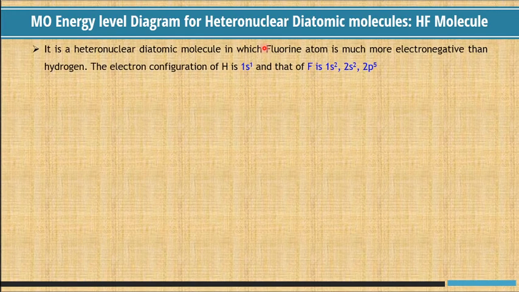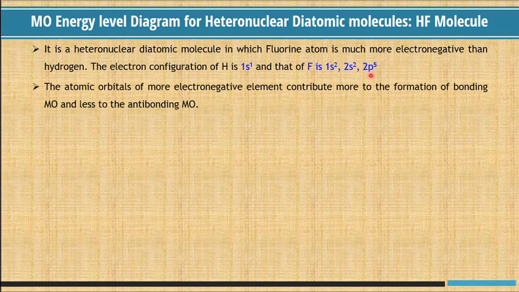It is a heteronuclear diatomic molecule in which the fluorine atom is much more electronegative than the hydrogen atom. The electronic configuration of hydrogen is 1s1 and that of fluorine is 1s2, 2s2 and 2p5. The atomic orbital of the electronegative element contributes more to the formation of the bonding molecular orbital and less to the antibonding molecular orbital.